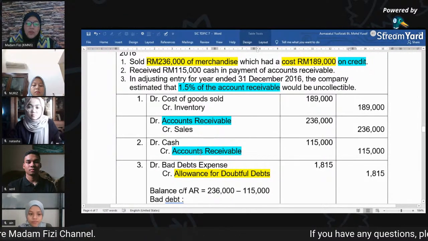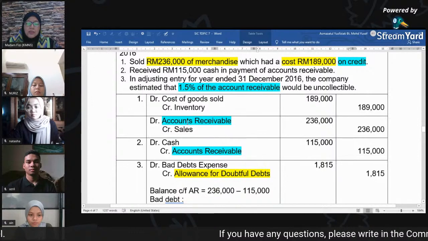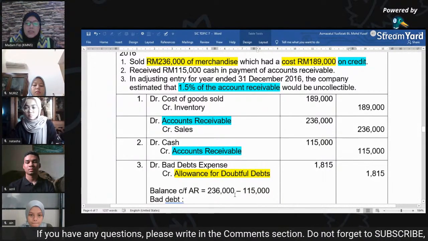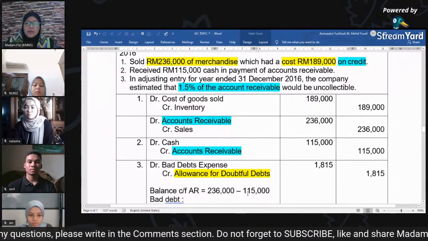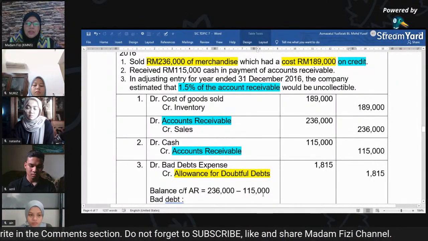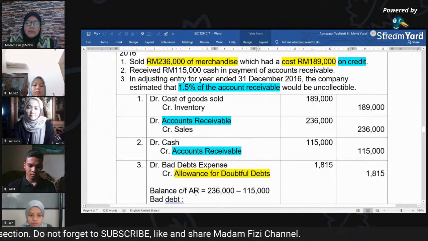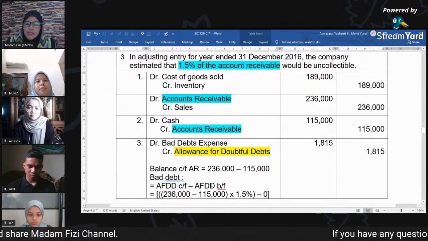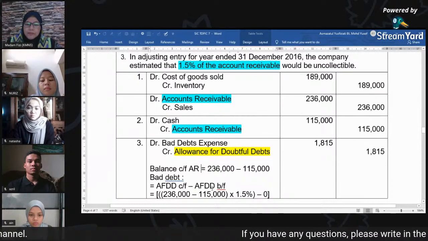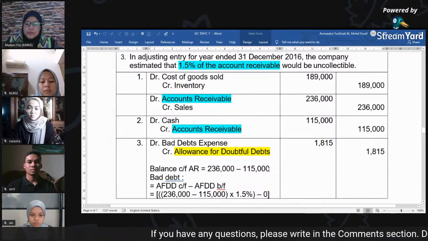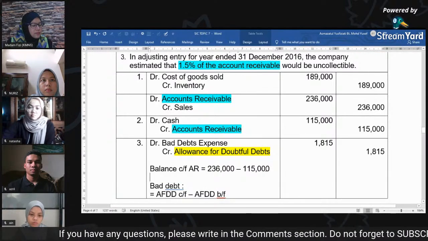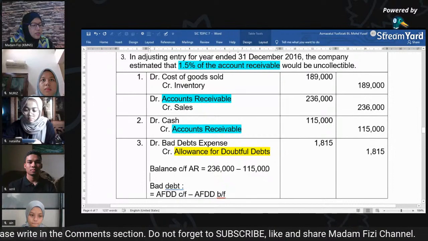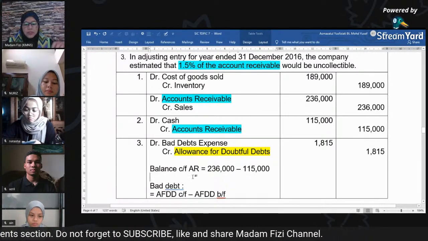That means tolak. So accounts receivable equals 236,000 minus 115,000. So sama dengan berapa jawapan dia? 236,000 minus 115,000 is 121,000.